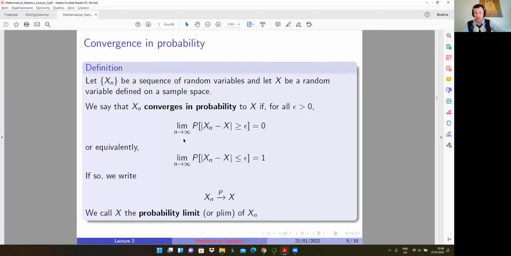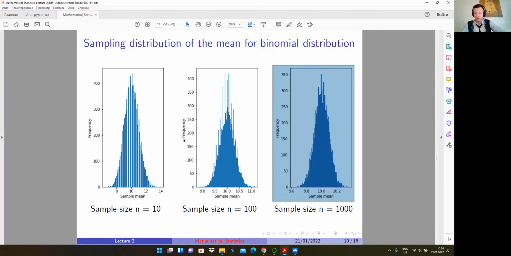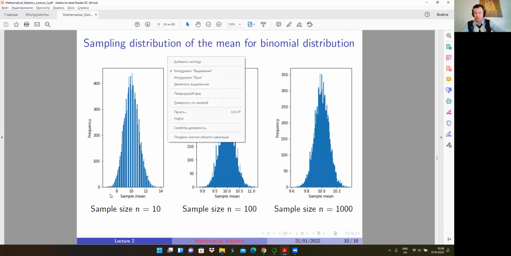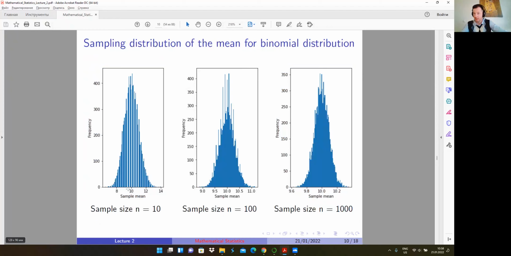That's what we see here in these graphs. The variance for the sample size of 10 is kind of huge. Here the variance decreases, and here it decreases significantly because now the sample mean varies from something like 9.6 to 10.4.